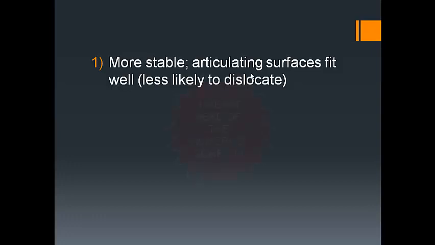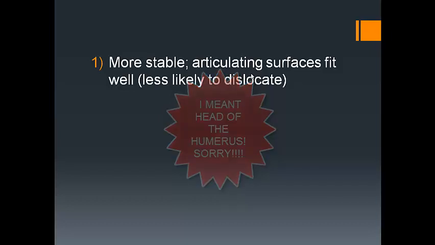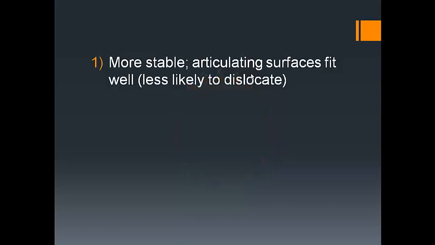Okay, with the shoulder joint, the head of the humerus is relatively large when compared to the glenoid cavity, so they're not going to fit properly with each other. And since the hip joint is more stable, it is less likely to dislocate, and we know that the shoulder joint is one of the commonest joints that dislocates in the body.